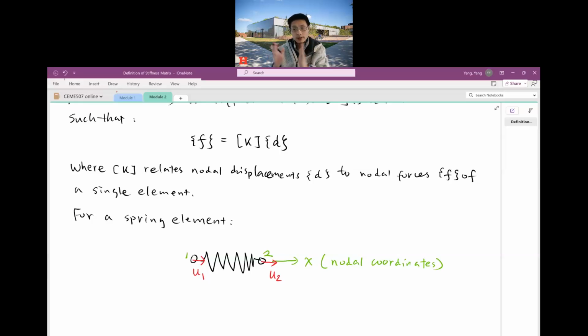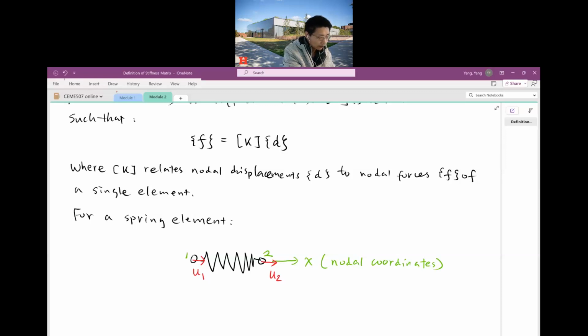Because this is a spring element, and for a spring we don't consider the moments perpendicular to the spring, one direction for the displacements will be adequate in this case. That's all we have for a spring element.